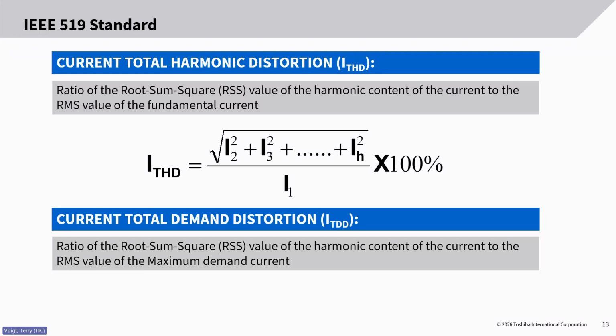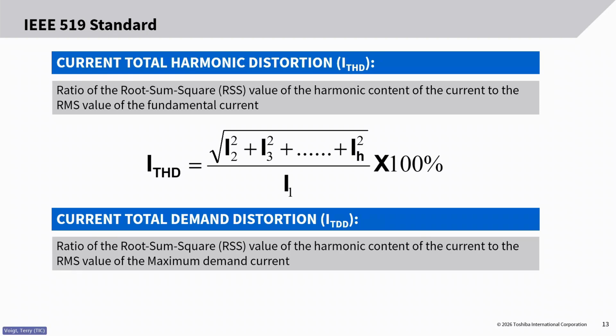Ultimately it's the same numerator, but the denominator changes a little bit. It's the maximum demand current that it turns into. So not necessarily the fundamental, but the demand. What are you normally using for current?